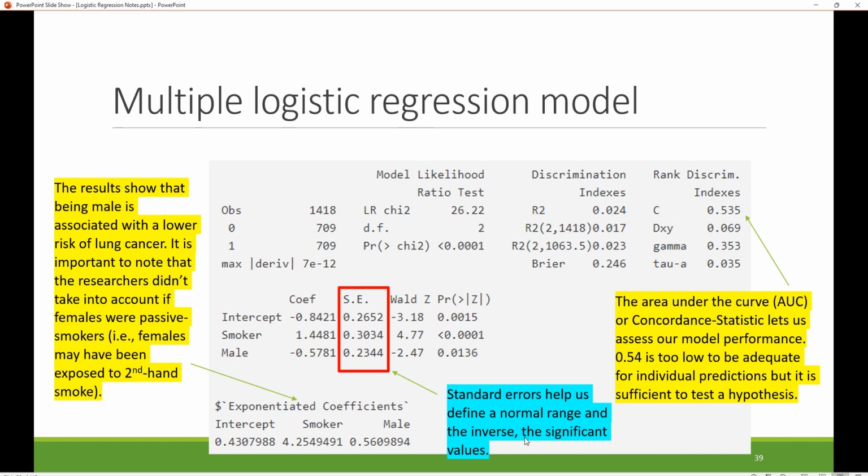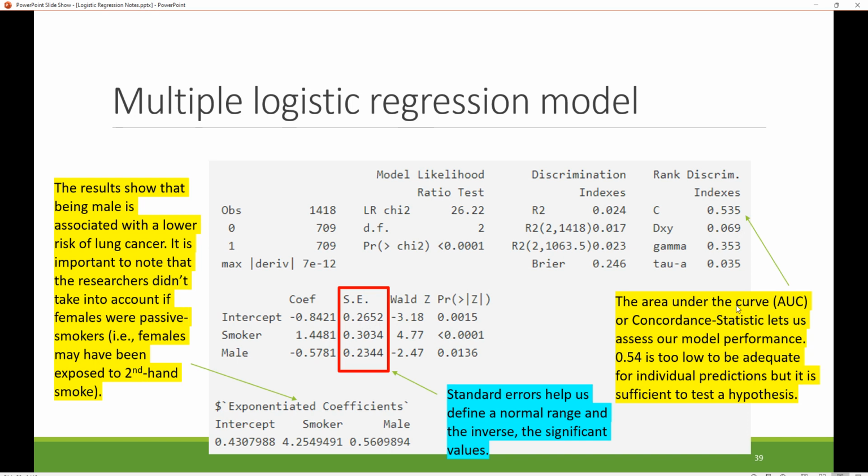The inverse would be the significant values. Everything within, say, 2 standard errors would represent that normal range, and everything outside of 2 standard errors, such as 2 times 0.2652, is when we start to see significant differences.